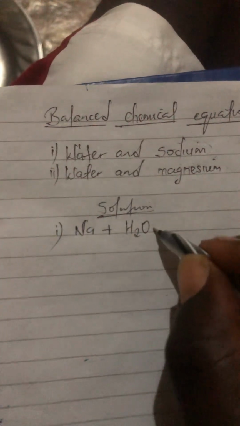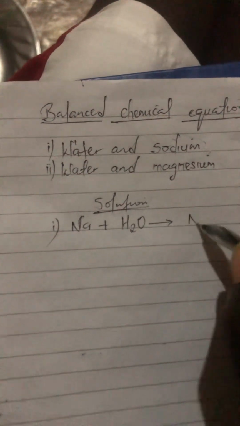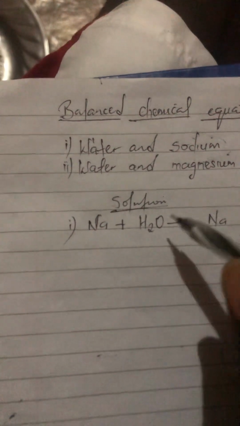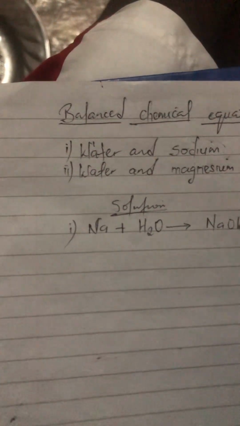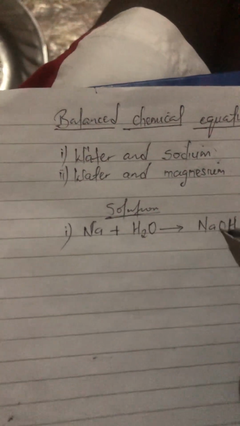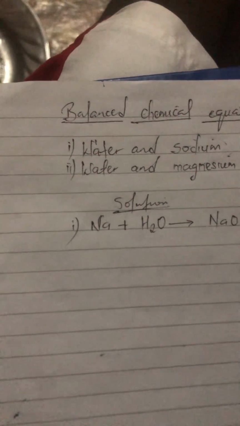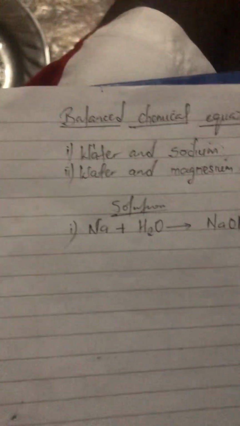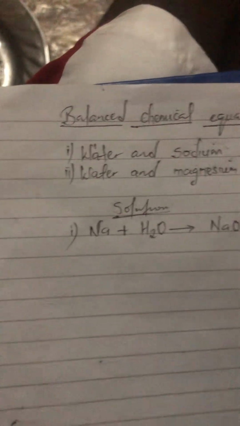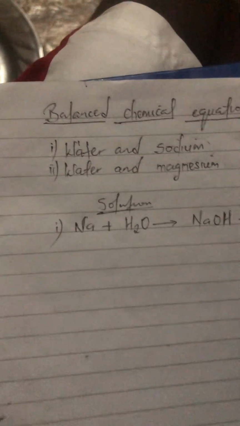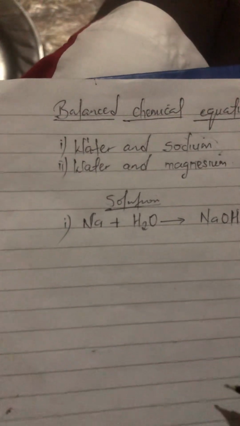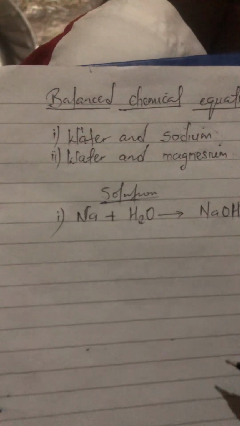So we are going to have Na, and it will displace one of the hydrogen, and you are going to have NaOH, because OH is hydroxide, and then we are left with hydrogen. But because hydrogen is a diatomic molecule, it is going to be hydrogen gas, and hydrogen gas is H2.